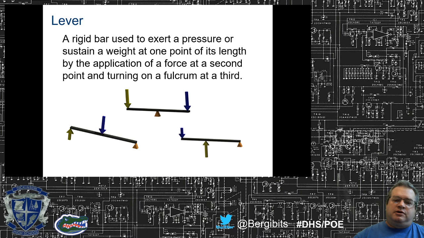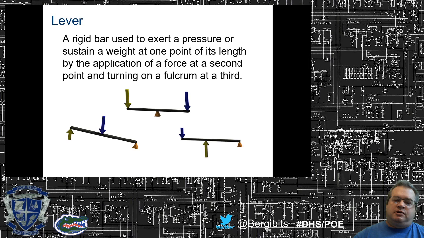All right, so the top middle animation, the force effort is the left gold arrow. Force resistance is the blue arrow, and in that case, the fulcrum is in the middle.